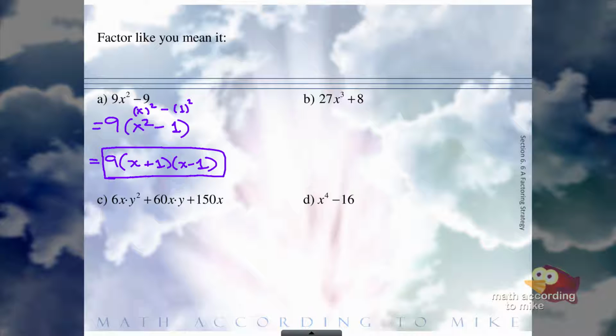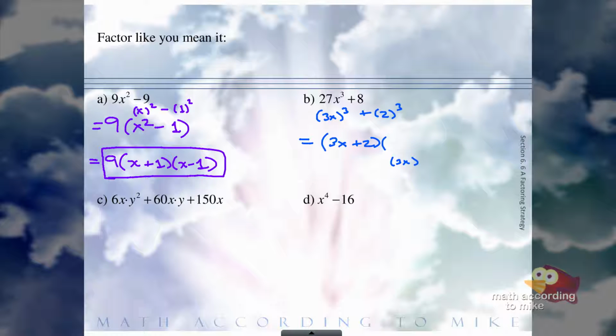Part B. We have two terms. There's no GCF except for one. There's a sum in between, and both of these terms can be rewritten as cubes. So this is a sum of cubes. So we remember we have that beautiful formula for the sum of cubes. This would factor as a plus b times a squared.